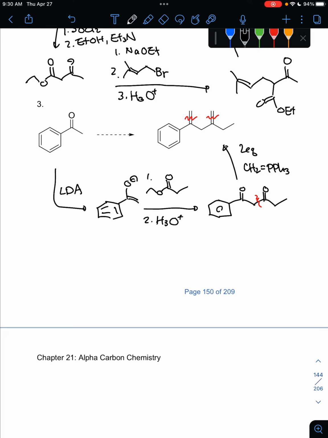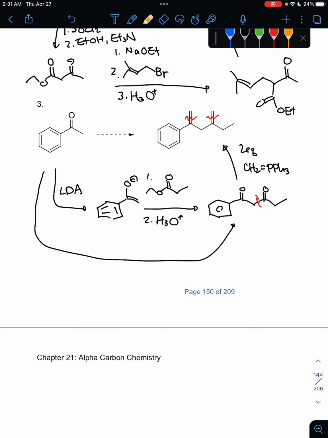So that's one way. Just for the sake of review though, maybe we could try to think of other ways. Well, maybe the other ways aren't that interesting. Technically you could do this mixed or crossed Claisen, because this ketone only has enolizable protons on this carbon but not on the other carbon, so that would be selective.